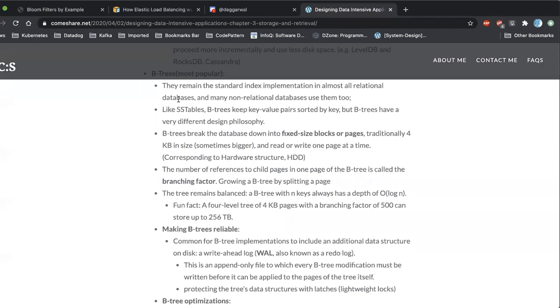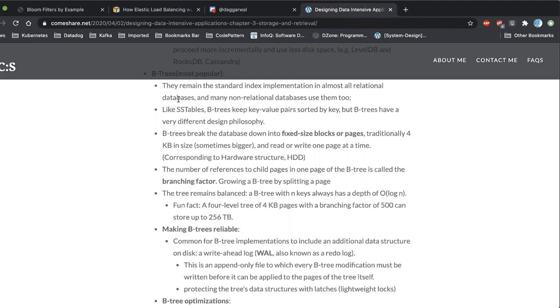I was not quite sure how it is done, but in LSM we are always in append-only mode. Even though the key might be present, we always try to append to the end. But in B-trees, I think if the key is present, we actually override the data, which we know is a duplicate.